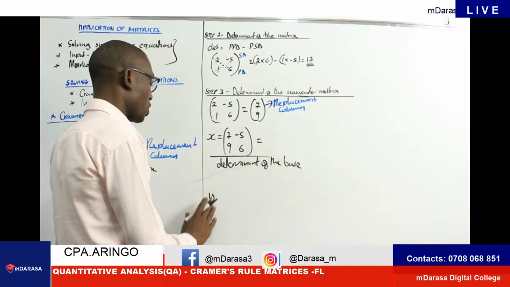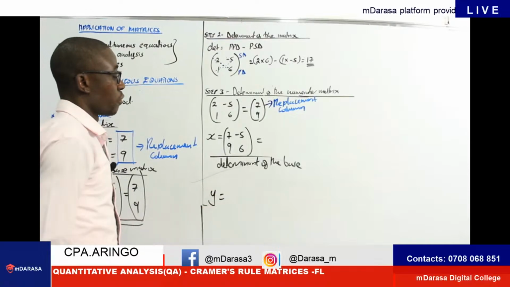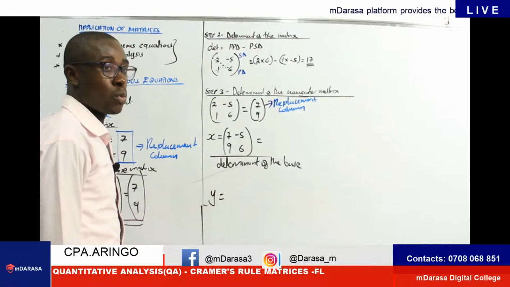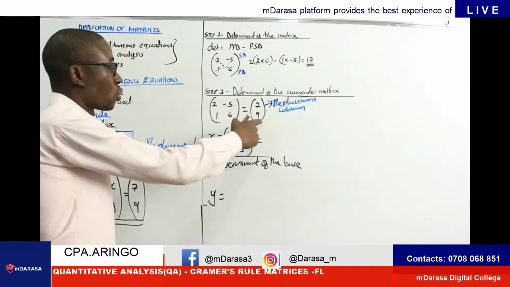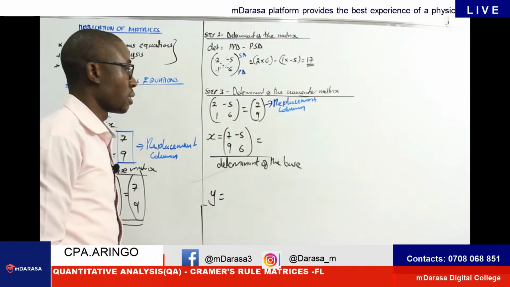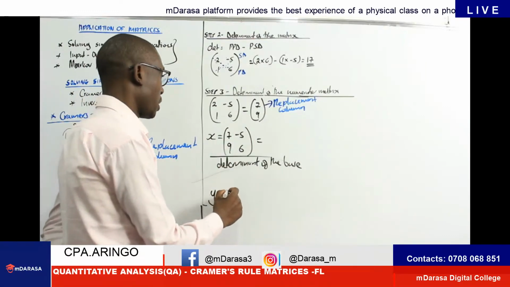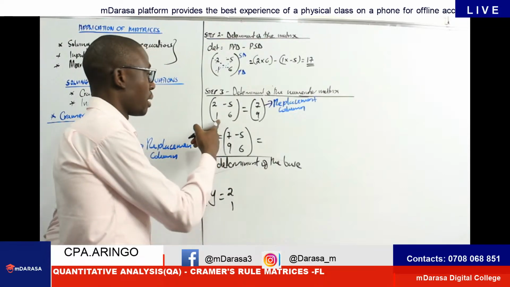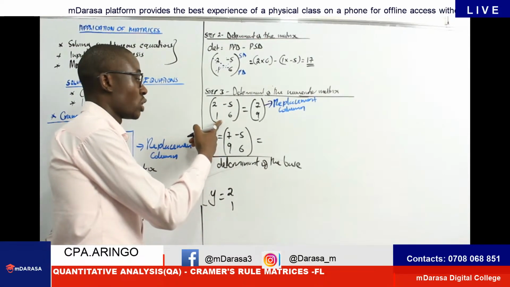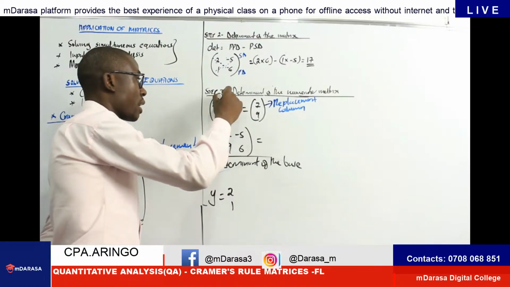What about, my good students, if you are to determine the numerator matrix for y? What you are going to do is replace our values of y with what? Our replacement column. So if I was to replace y, in this case we should be talking of 2, 1. Remember our base matrix, or our original matrix: this is x, this is y.